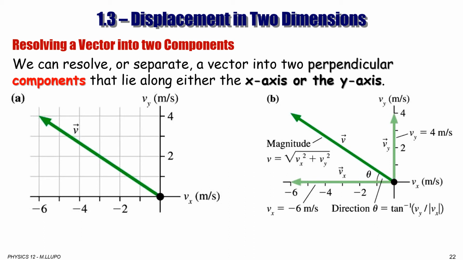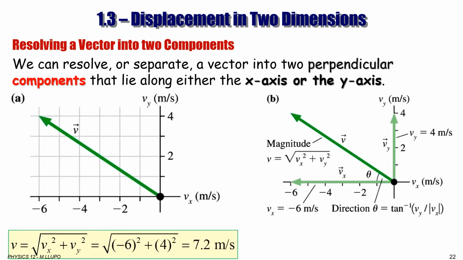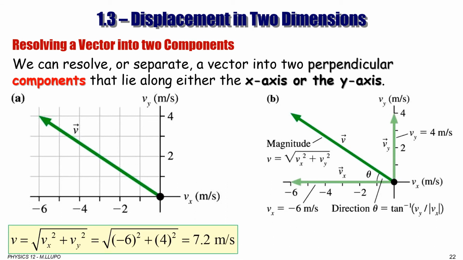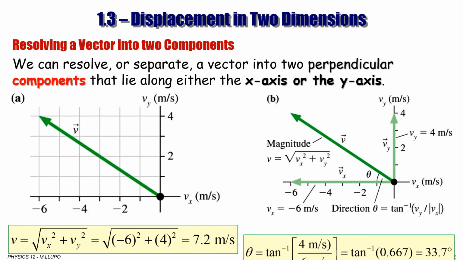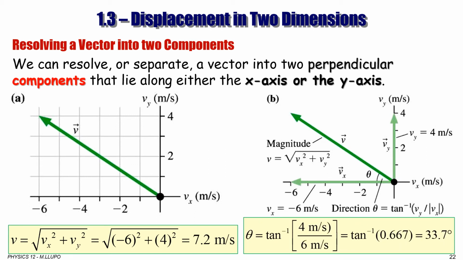So I want you to pause the video and make that calculation: having x component -6 and y component +4, find the magnitude of the vector v and its direction. If your answer is 7.2 meters per second and the angle is 33.7, you are correct.